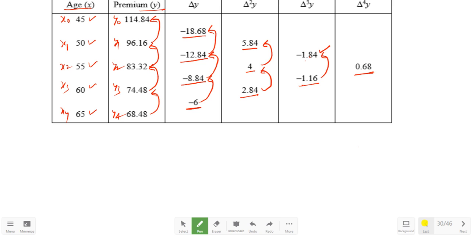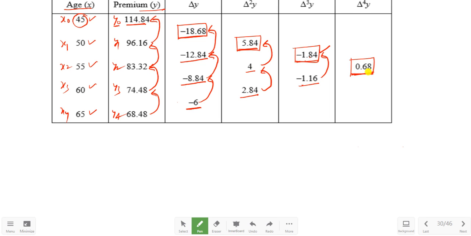Now this is y0, this value is del y0, this is del 2 y0, del cube y0, and this is del 4 y0. Note that y0 means x0 is equal to 45, so this is y 45, del y 45, del 2 y 45, del cube y 45, and del 4 of y 45.